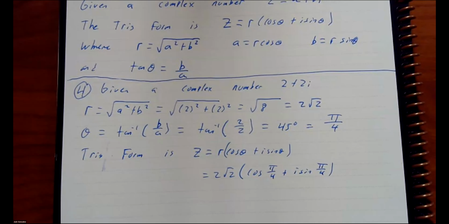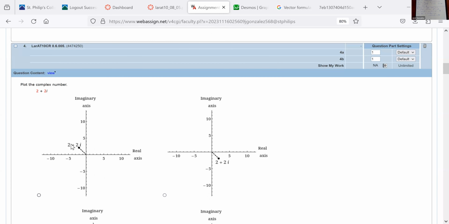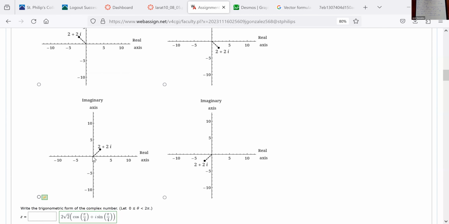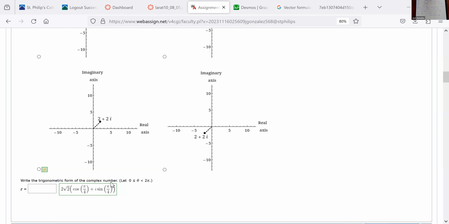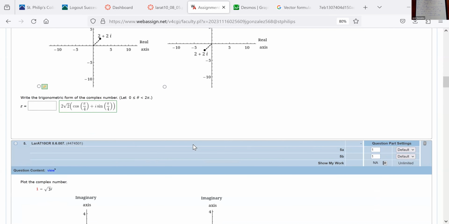That's how they got their solution. Here. That makes sense? You can see it's at the 45, right? Okay.